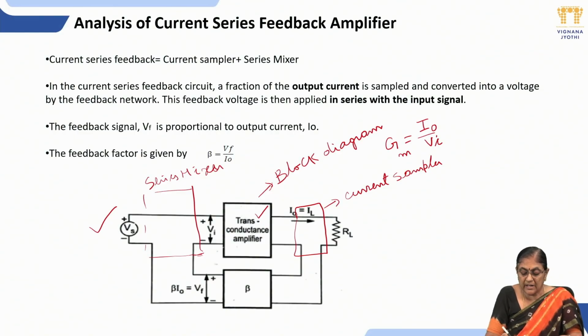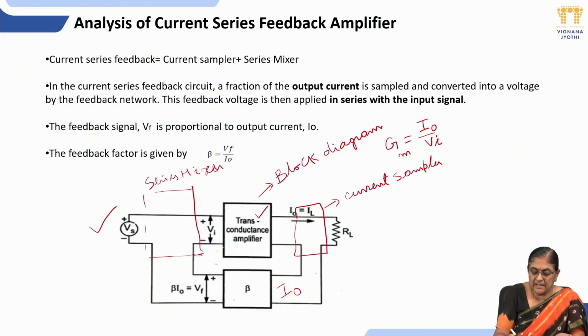Now you can observe the input and output of the feedback network. Input of the feedback network is a current signal, because input terminals of the feedback network are connected in series to output terminals of the transconductance amplifier. Therefore, the signal present at the input terminals of the feedback network is I naught. And output terminals of the feedback network are connected in series to input terminals of the transconductance amplifier.